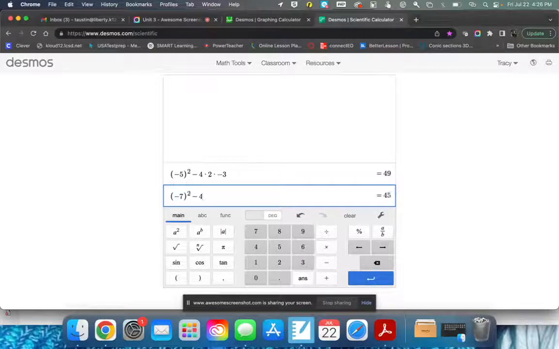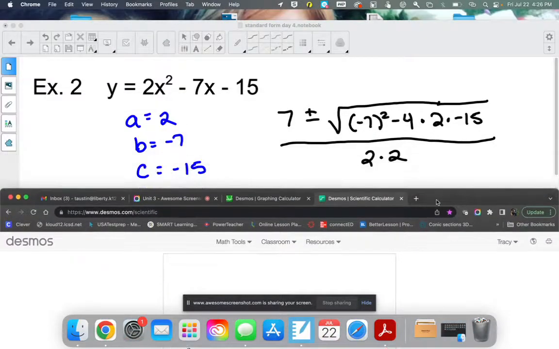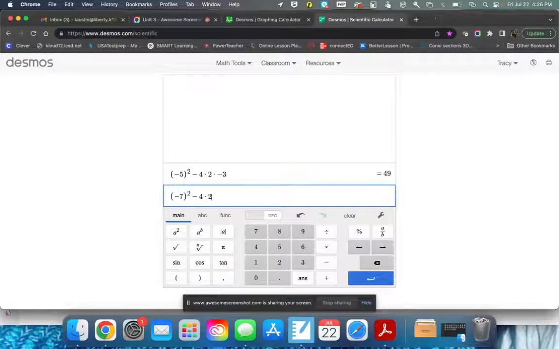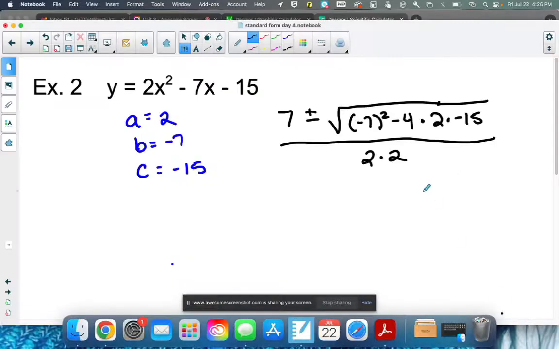Okay, minus 4 times 2 times -15. Okay, and that's 169. So let's rewrite it. Okay, so we now have the square root of 169 over 2 times 2.